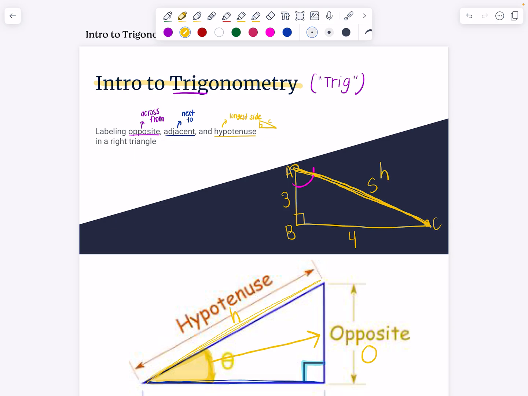My opposite is always going to lie across from the angle that is marked. So that is going to be my opposite. And then my adjacent is always going to be that last side. Adjacent means it's next to the angle in question. So we were talking about angle A here. Side BC is opposite angle A. Side AB is adjacent to angle A. And then side length AC is the hypotenuse in the triangle.